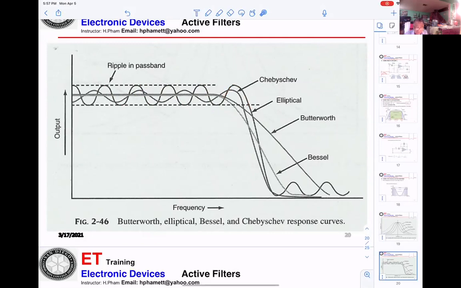Noise means the unwanted signal. If you look at this display, the best for the cutoff will be Chebyshev right here. It will cut off close to the ideal. However, Chebyshev has noise.